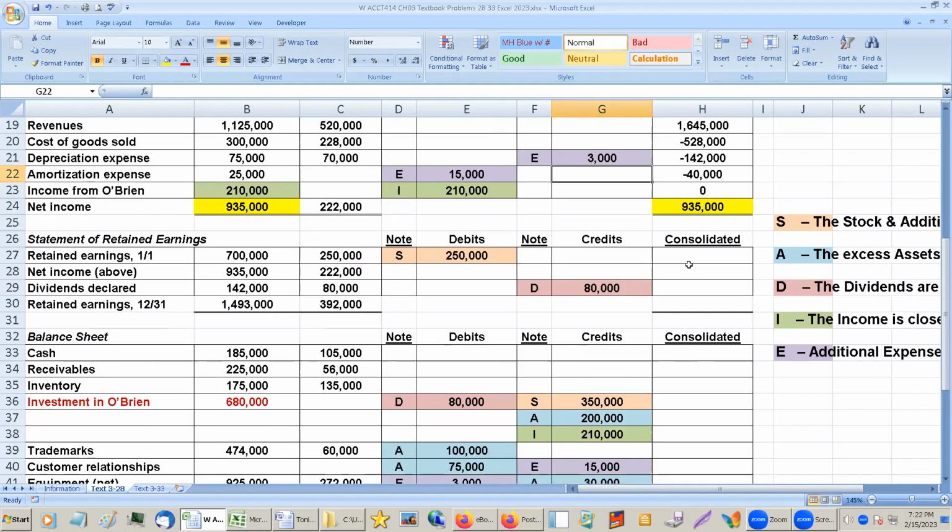All right, let's go to. All right, the stock for the subsidiary is gone, so only the first one is left over. Take the income above, subtract out the dividends declared.